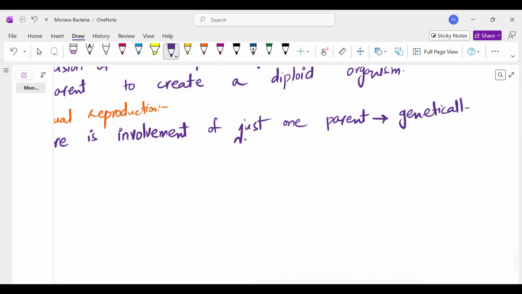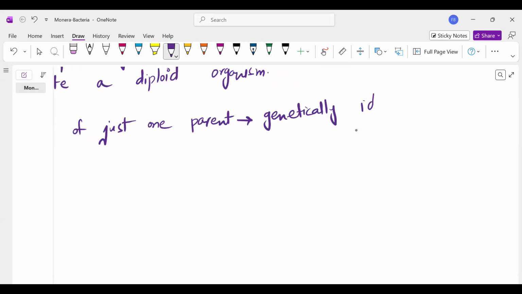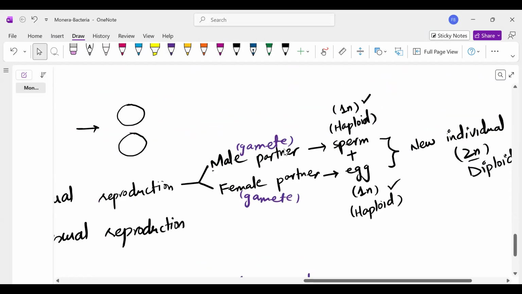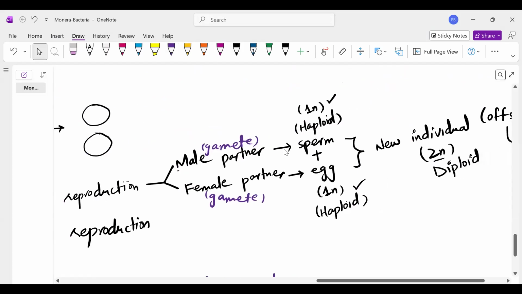Genetically identical offspring. You know why there will be no variation in asexual reproduction? Because of one parent. When there are two parents involved, obviously there will be variation in the new generation because that new offspring is getting characteristics from both parents.